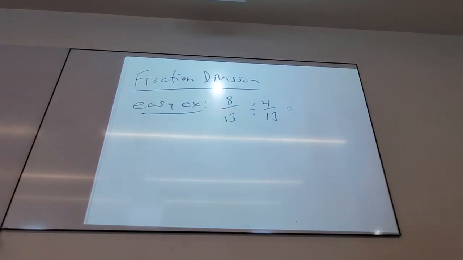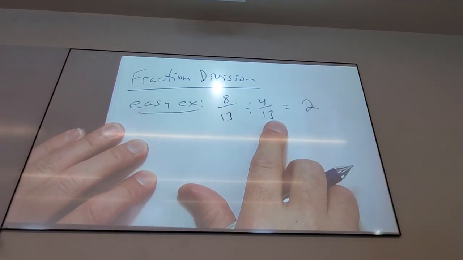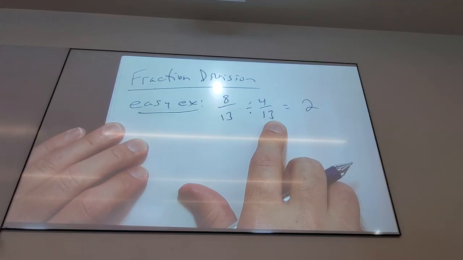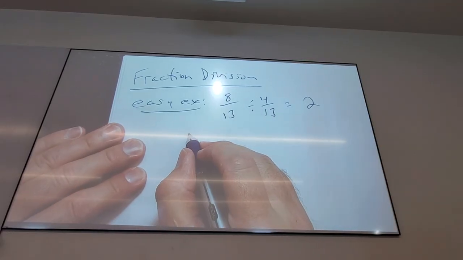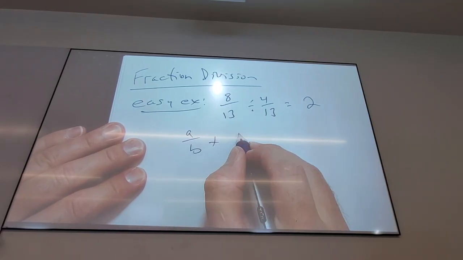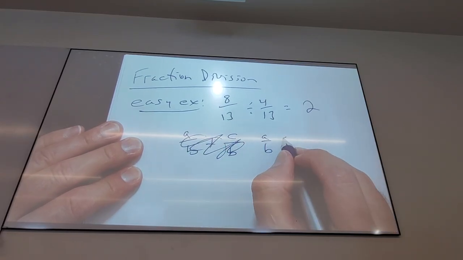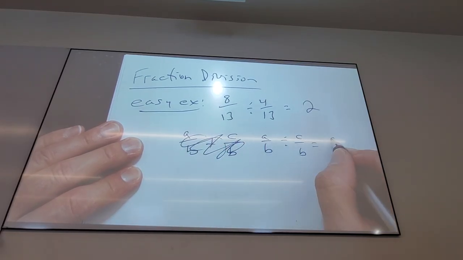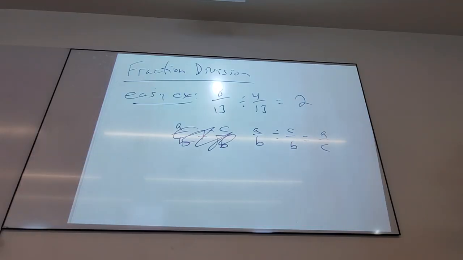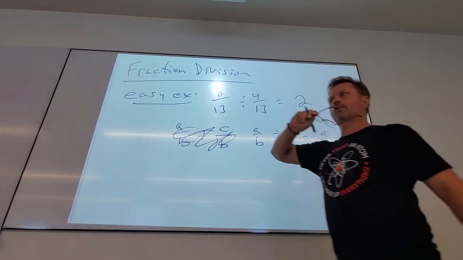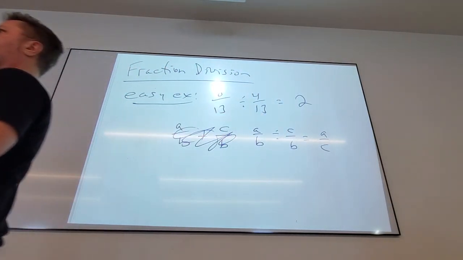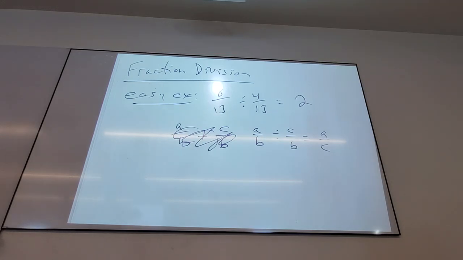So do you see how if they have the same denominator, it just becomes that? That's what we just did, yes? You guys got it with me? If they start off with the same denominator, division's easy. Okay.